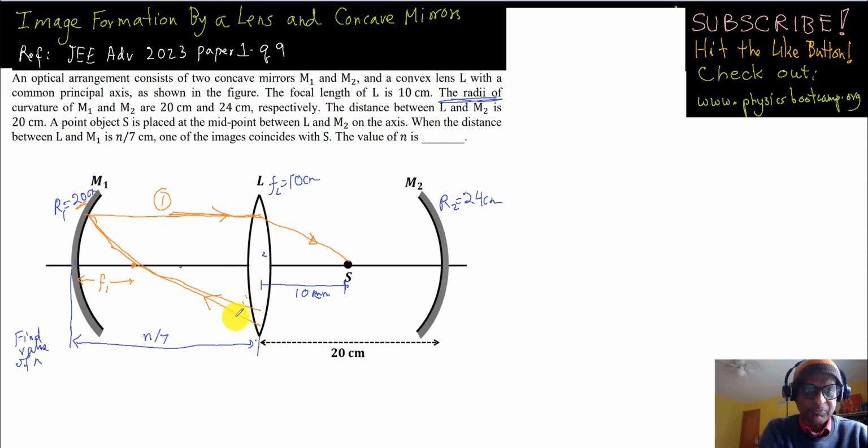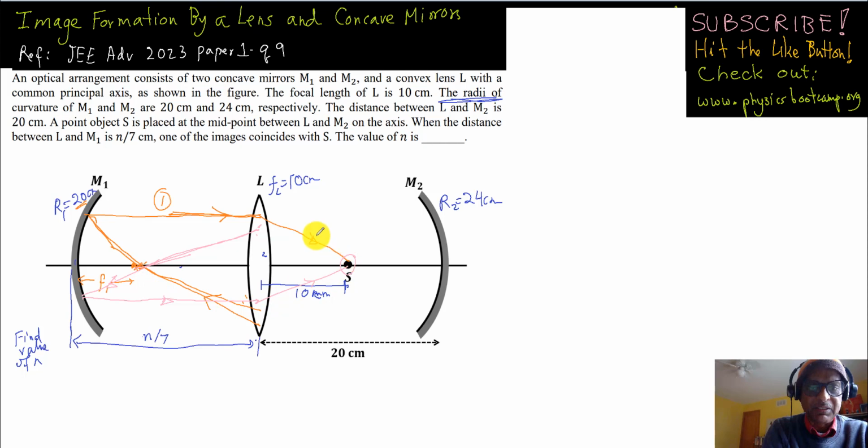So if you look at another ray which might have come from that side and go through this, some other ray which went to the same point over here and goes like this, this also comes out parallel, and this will also go over here.